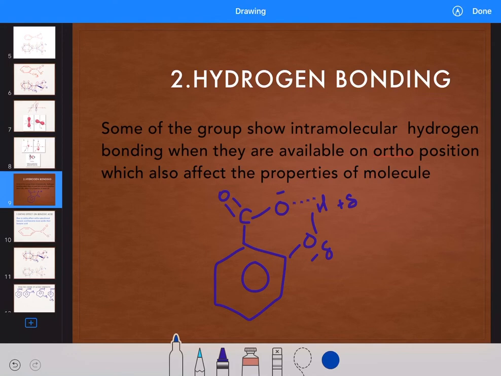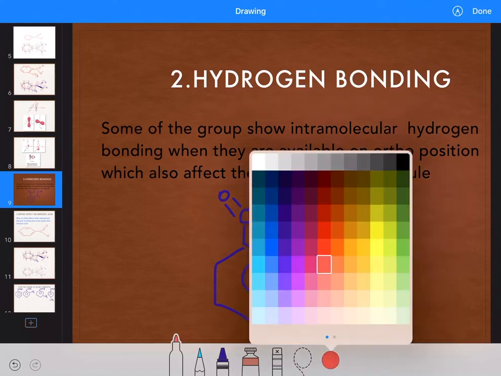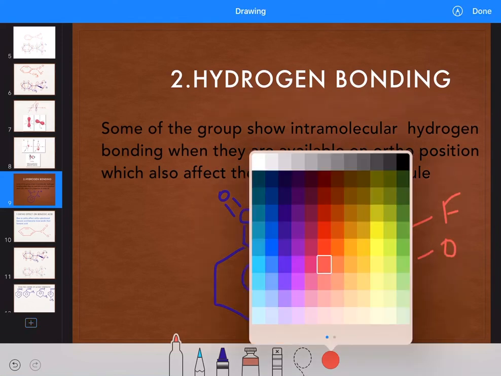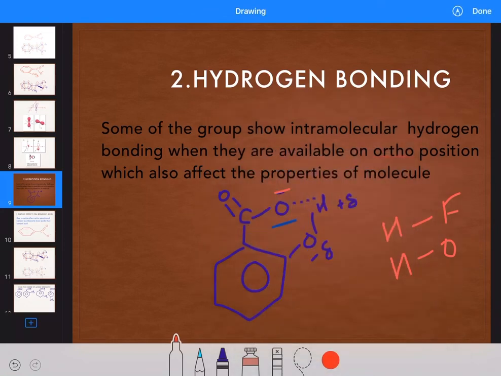Okay, see, in this case I also removed the H from this carbon. I already removed that hydrogen from the carboxylic acid and applied a negative charge, and here an OH group is available. So what will happen? You know that hydrogen attached to fluorine, hydrogen attached to oxygen, or hydrogen attached to nitrogen will show hydrogen bonding.